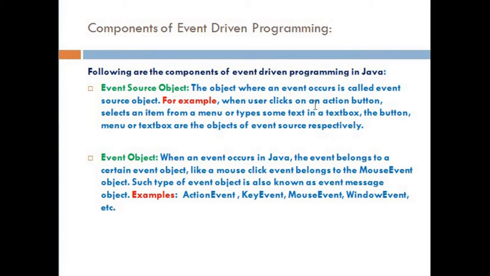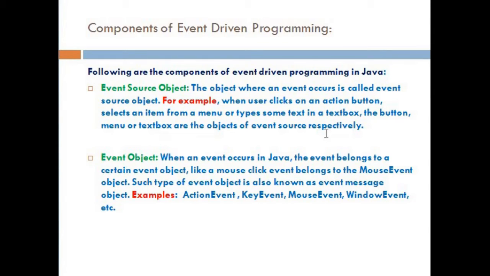So when the user clicks on an action button, we can say that the action button is the event source. Or when the user selects an item from a menu, we can say that the menu is the event source. And again, if the user types some text in a text box, then we can say that the text box is the event source.